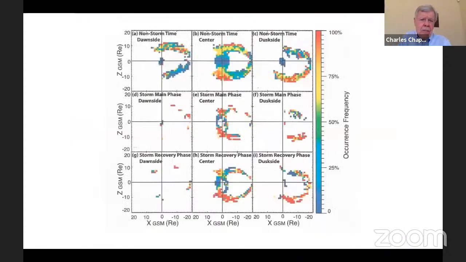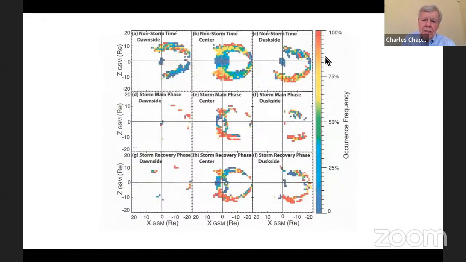And here are some images of those. These are strange wave particles, from work by Lynn Kistler's group. This is outflowing oxygen. The sun is off to the left in each of these pictures. This is where the Cluster spacecraft was, out to about 20 RE, sampling particles coming out of the polar cusp. There are dawn side passes, center and dusk side, and then non-storm time, storm main phase, and recovery.